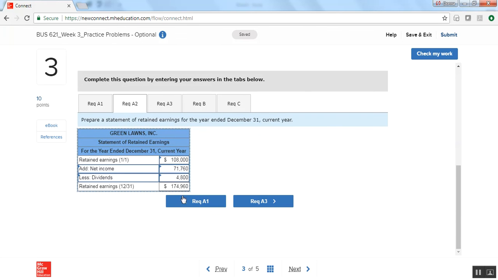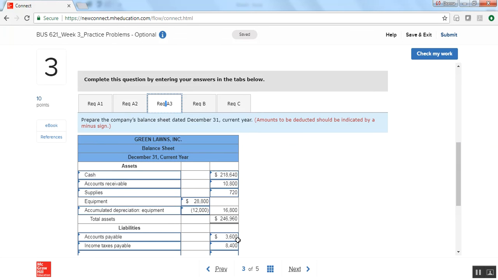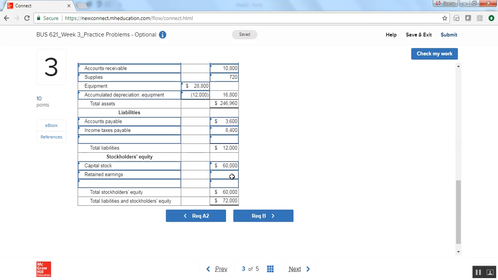So our retained earnings is actually $174,960. So you can see our total stockholders' equity is $234,960 plus our liabilities of $12,000 gives us $246,960, which is the same as our total assets. So that's my double check that I got the right amount in there.